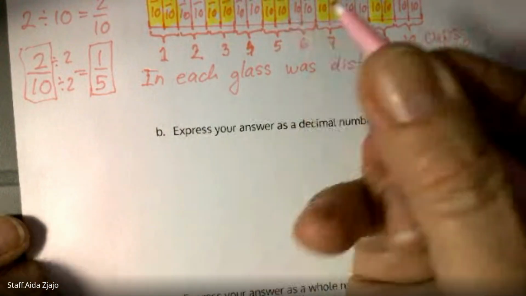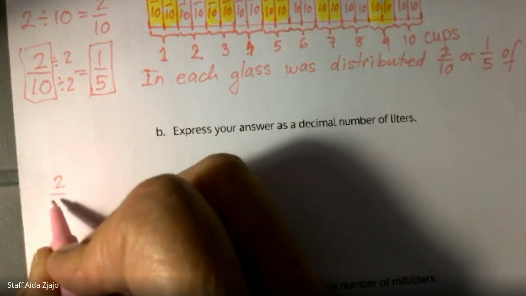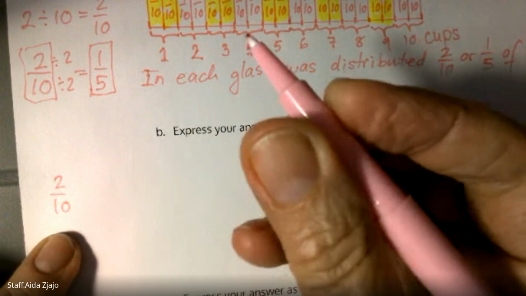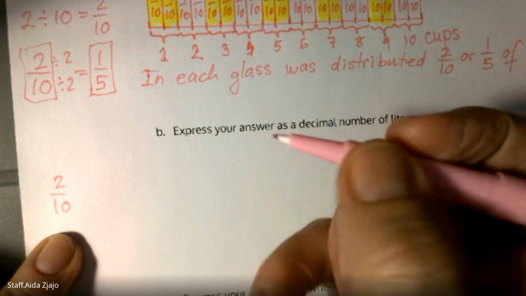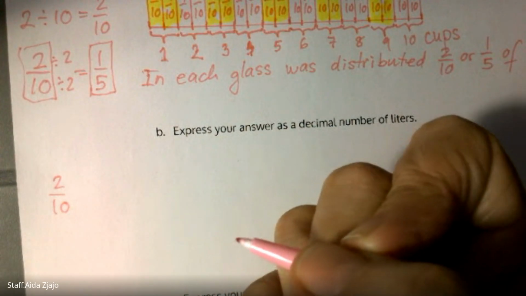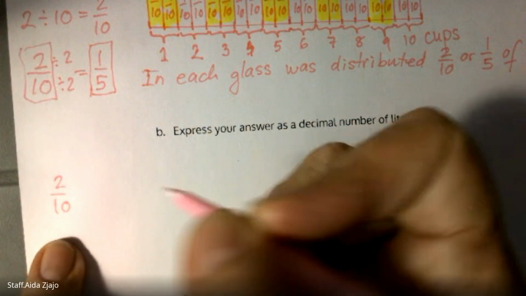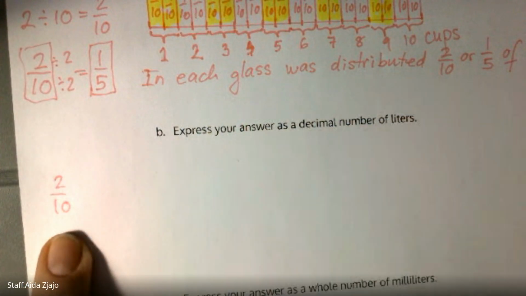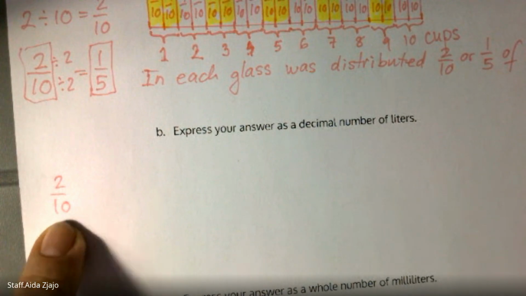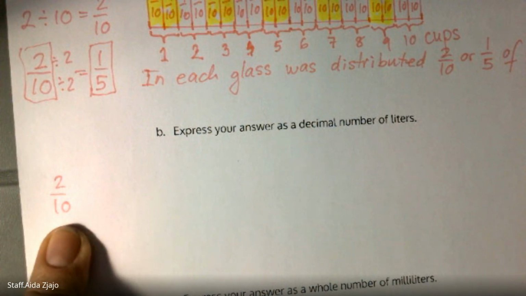If you think about 2/10, if we think about the metric system, a decimal needs to be represented into 10 pieces that make the whole liter, or 100 pieces that make the whole liter.